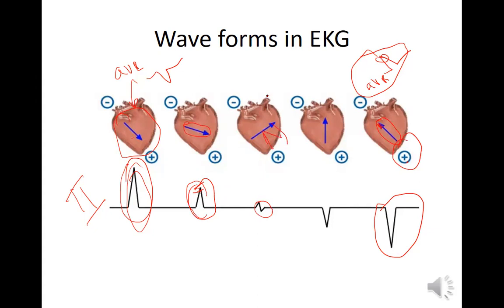But all I showed you to do is: lead 1, lead AVF, normal axis. Lead 1, lead AVF, left axis deviation. Lead 1, lead AVF, right axis deviation. Lead 1, AVF, extreme right axis deviation. And that's the limb leads, hexaxial. Okay. Great.